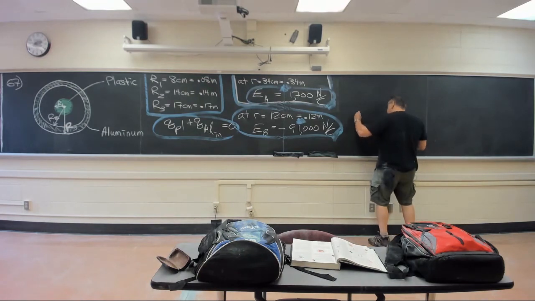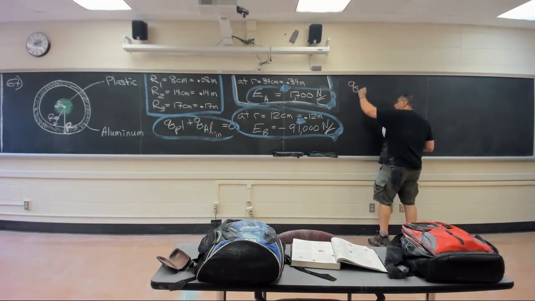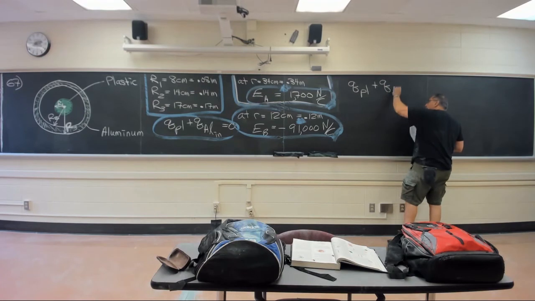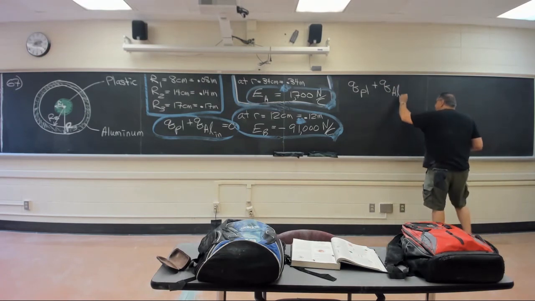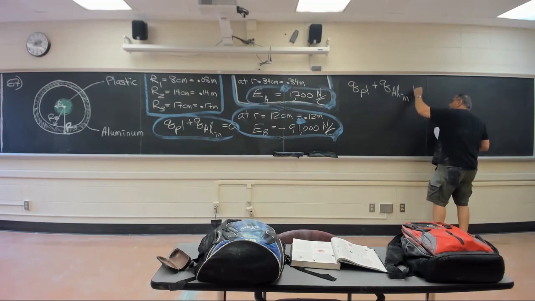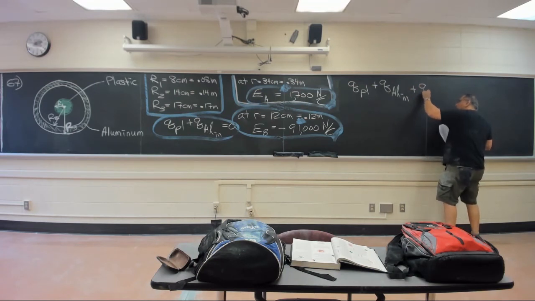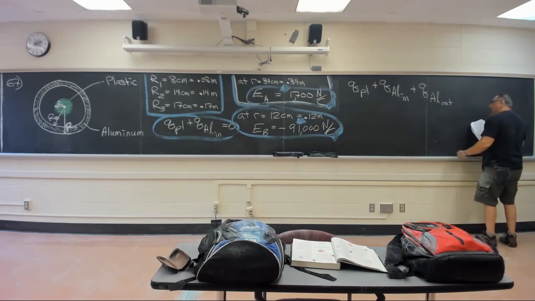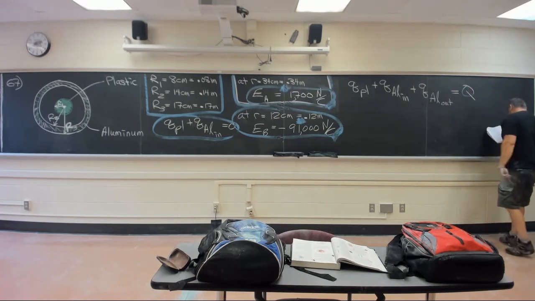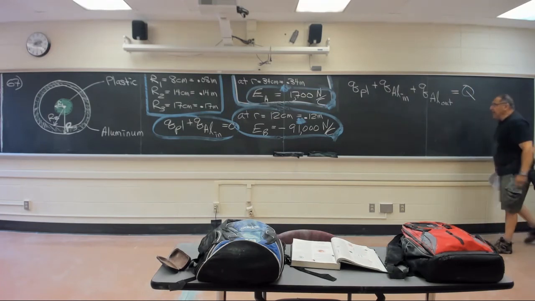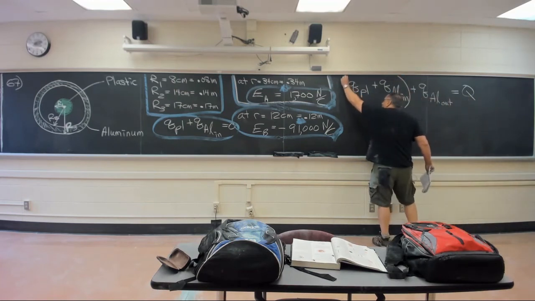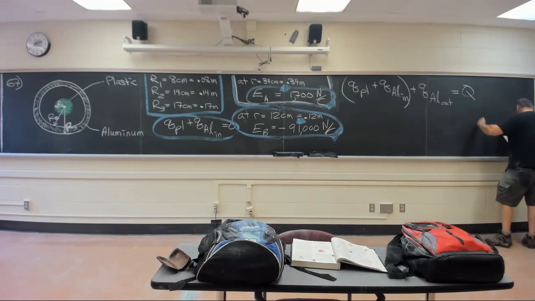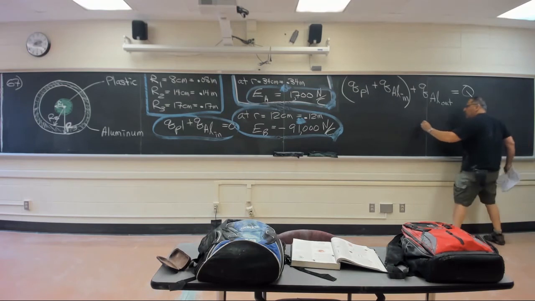We also know that Q of the plastic plus Q of the aluminum inside plus Q of the aluminum on the outside, that's everybody. That's the total charge, capital Q. And we just said these guys conveniently add up to 0, so Q aluminum out is equal to the Q total.